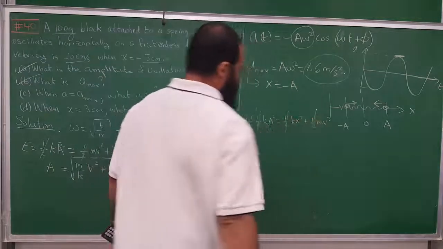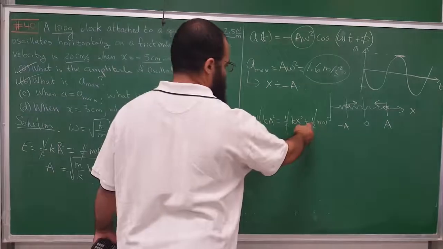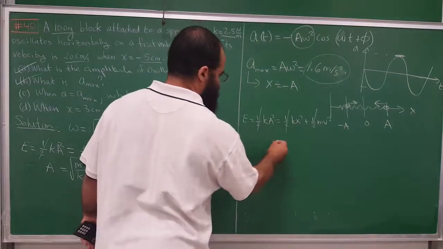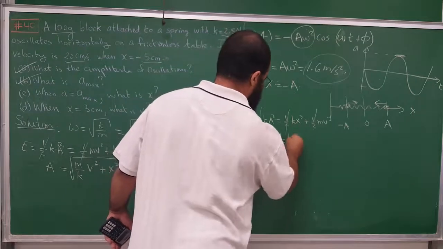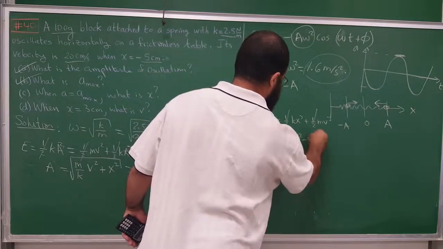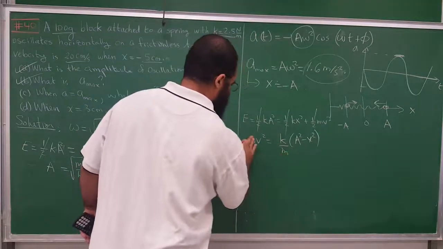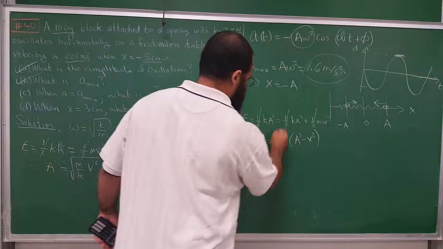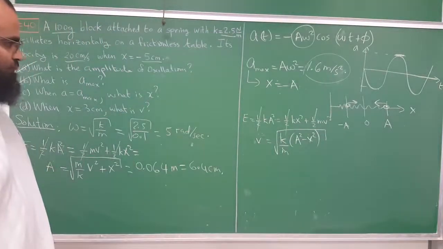So this goes away, and we want to solve for v. So let's move the x to the other side. So we have m v squared will be k times a squared minus x squared. Divide both sides by the mass, so this goes away, and then take the square root of both sides to get the v. All right?